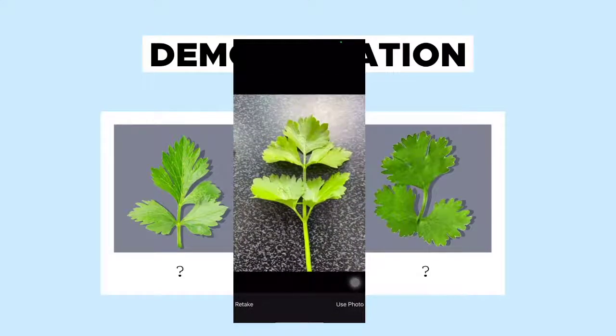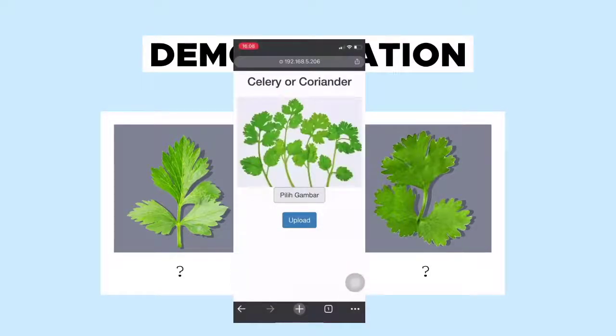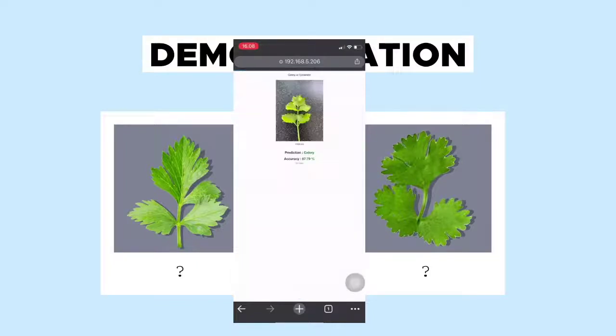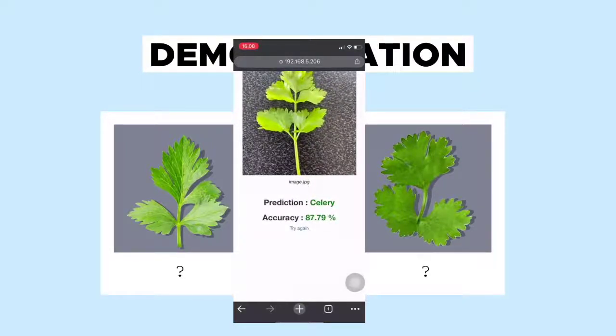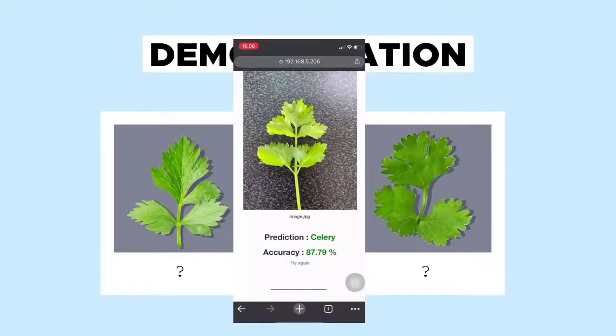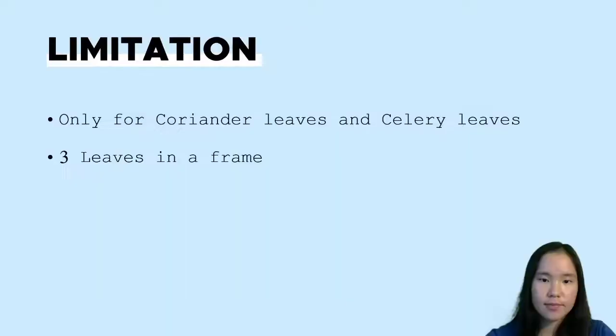Take a photo of it, use the photo, and then upload it. As you can see, it says that it's a celery leaf with an accuracy of 87%, which is correct. It is in the right class and quite accurate. So that's how it works.